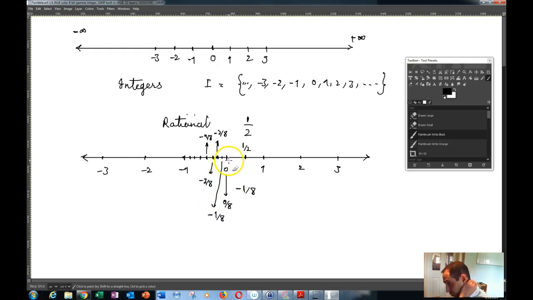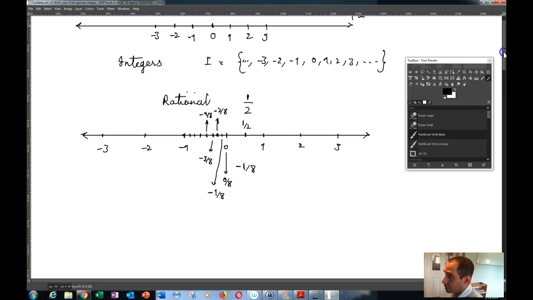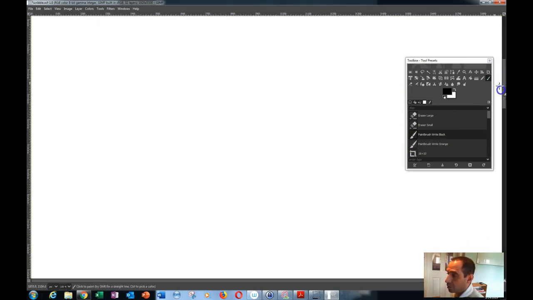And then when it comes to irrational numbers, for example, square root of 2, there's actually a way to represent square root of 2, square root of 3, square root of 4, square root of 5, and so on and so forth.